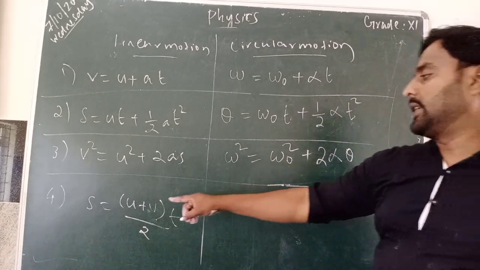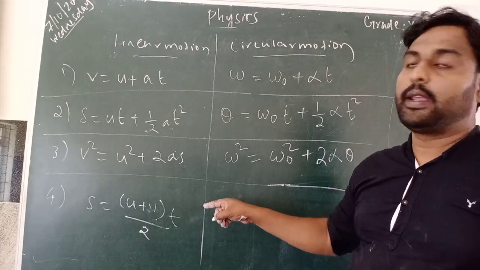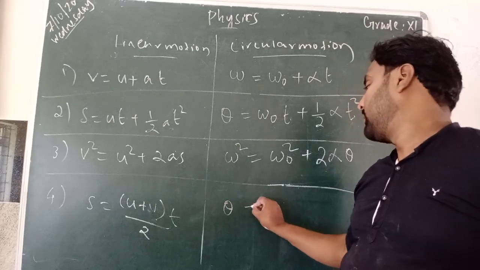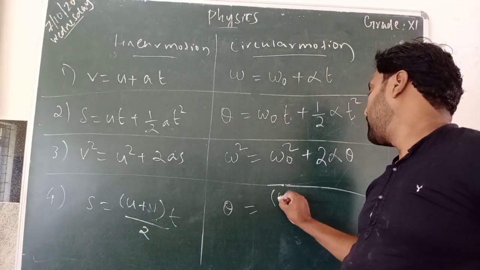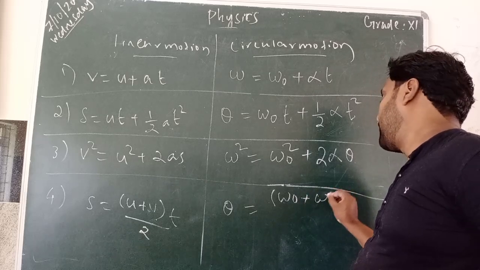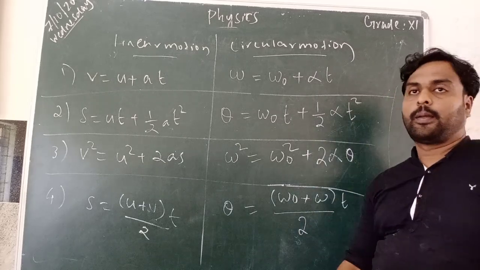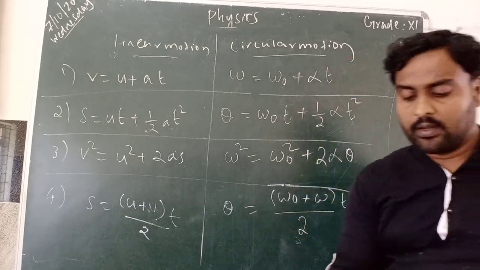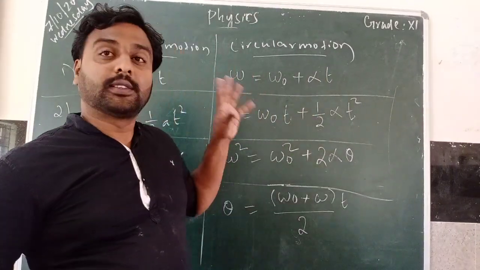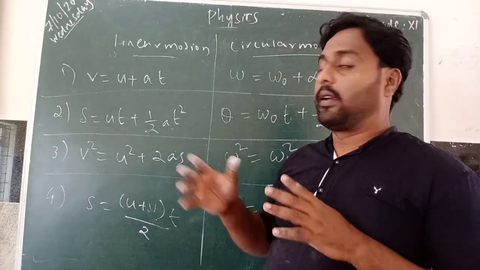Now the last equation is S is equal to U plus V into t by 2. So theta equals omega 0 plus omega by 2 into t. So this is the kinematic equation in circular motion. It is a very important 2-mark question you have to learn.